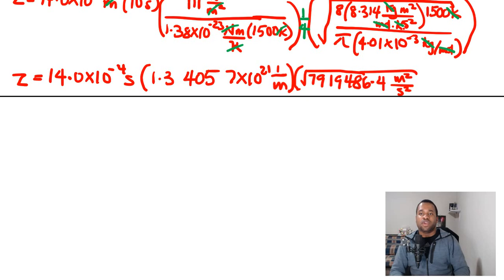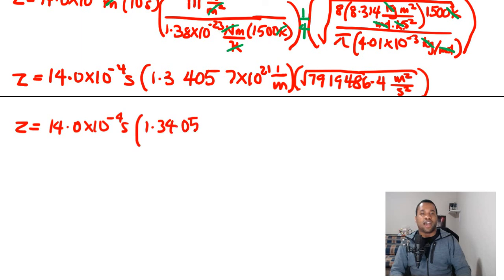So once you have this expressed as that, we're going to further evaluate the square root, and then from there we'll be able to analyze everything at the end. So in this part here, by re-evaluating this, we have 4.0 times 10 to the negative 4 seconds, multiplied by 1.34057 times 10 to the power of 21.